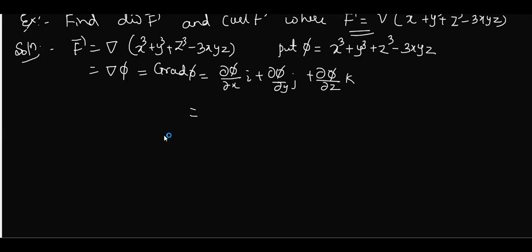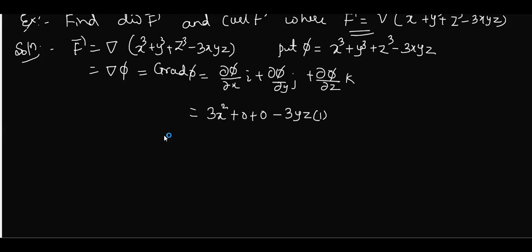So only derivative will exist for those 2 terms and the remaining 2 are 0. What is the derivative of x cube? 3x square. This is 0, this is 0. Minus, now when I'm doing with respect to x, 3yz is constant, and x with respect to x is 1. This whole thing is dou phi by dou x.